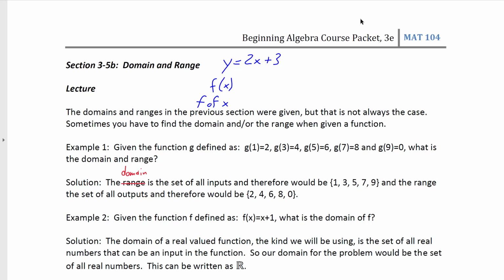And x represents our input. Let me write that over here on the side. x equals input. And the whole symbol f of x represents the output. And again, f is the function's name. And we can use other letters too. We'll see g and h used quite a bit.